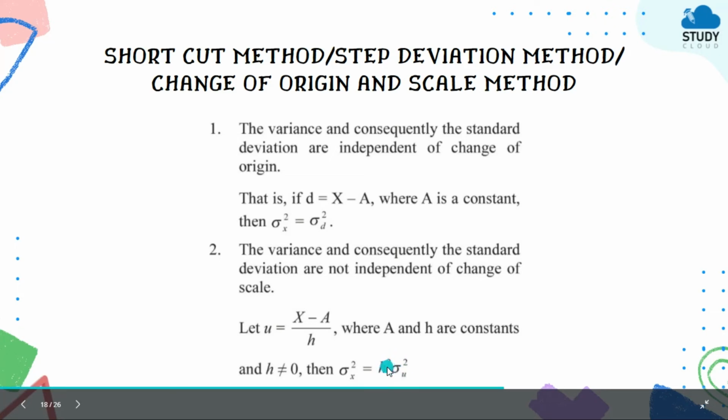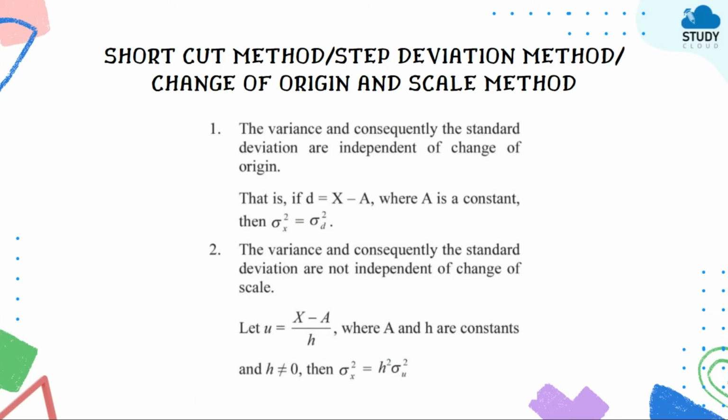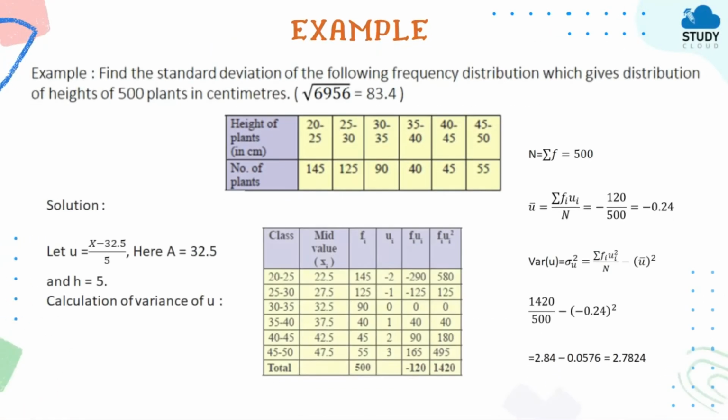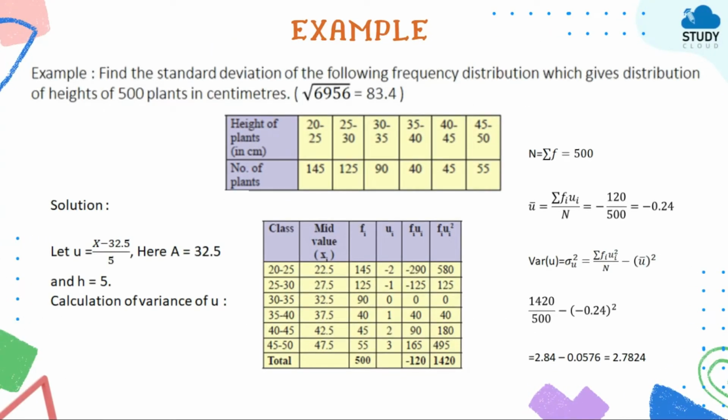Now let's see one example and understand how to use this shortcut method. This shortcut method will be useful when the values of frequency are quite large. You are not using any calculator right now, you are doing the calculation on your own, so we will do it in such a way that the sum gets solved easily with the shortcut method.